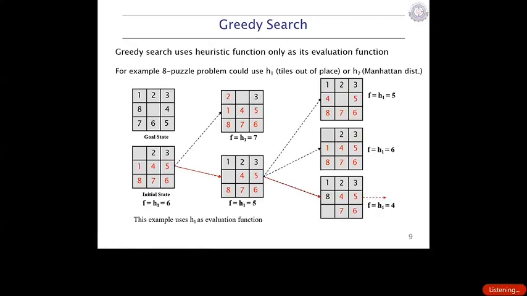Can you see the slide? Yes, sir. All right. So H1 is tiles out of place, and H2 is Manhattan distance.